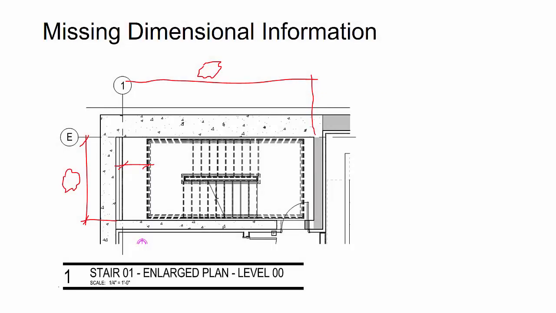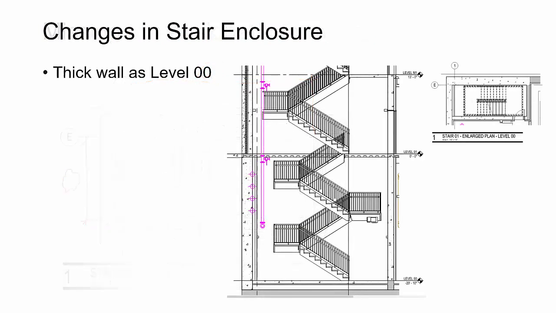So when we look at the plan view, we can see here that there's missing dimensions as far as where the enclosure is, what is the enclosure size of the stair, and how do the landing and nosing points actually fit within that enclosure, so that when somebody comes into this room, we know exactly where they're going to start going up the stair or exiting the stair.